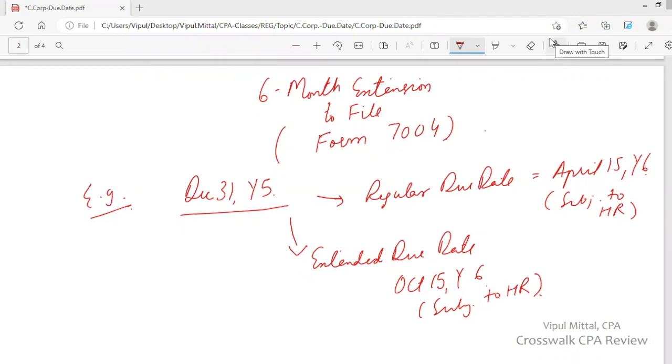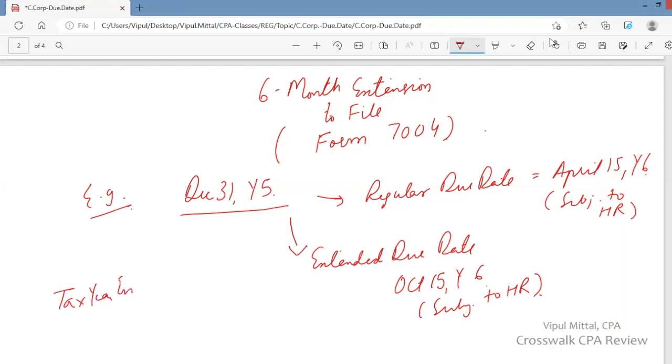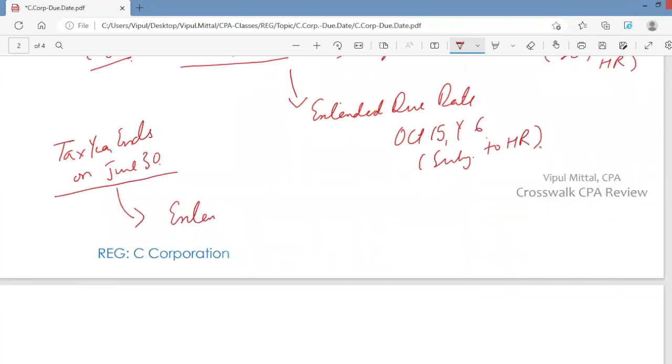But if the C corporation's tax year ends on June 30th, then the extension period is 7 months. If the tax year ends on June 30th and the C corporation files Form 7004 timely, that is by the regular due date, then it gets a 7 months extension to file the tax return.